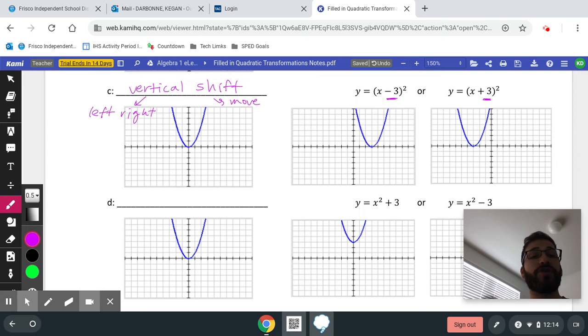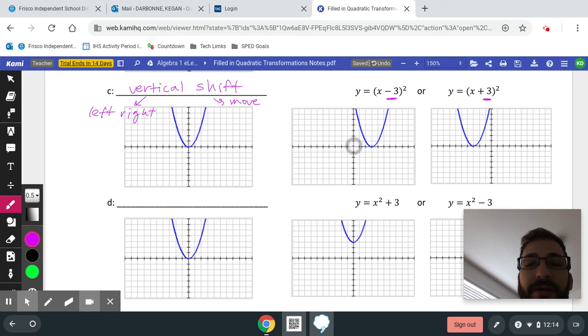Okay, so it's a vertical shift, so it's going to be a left or right movement. Okay, for our y equals x minus 3, that's going to shift it to the right by 3. So C was equal to positive 3, which means it moved right by 3.